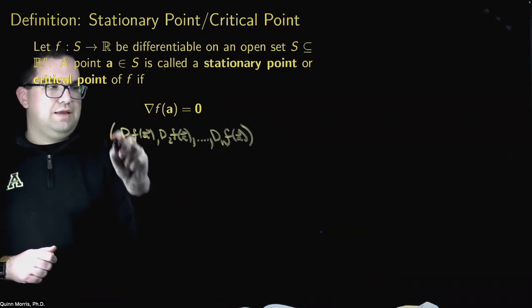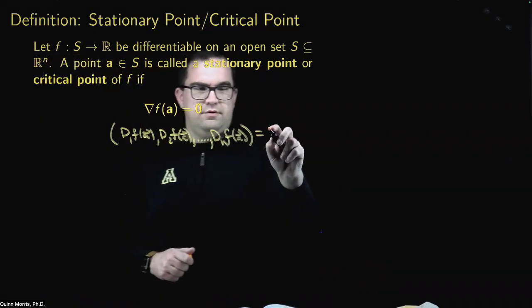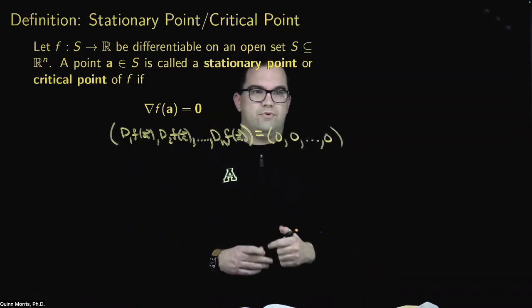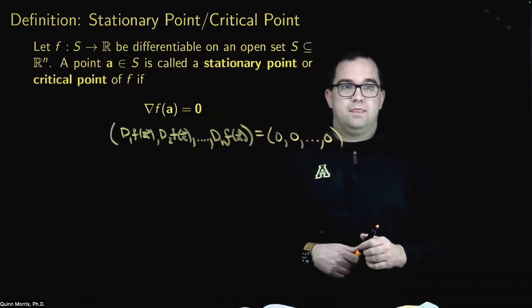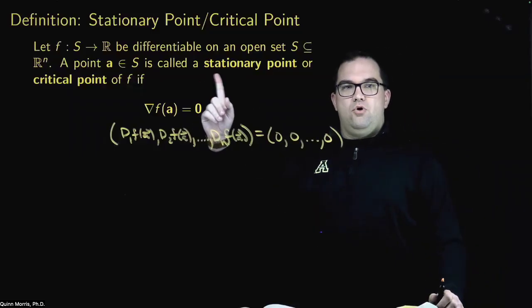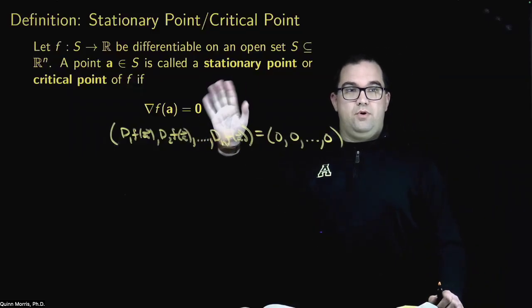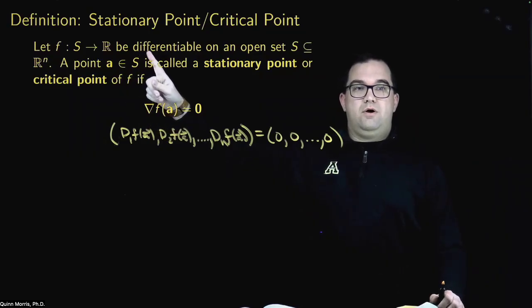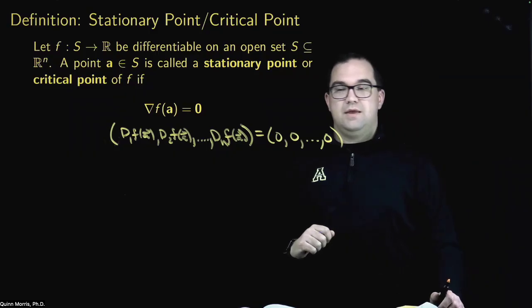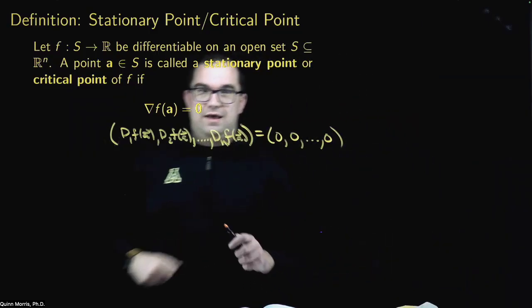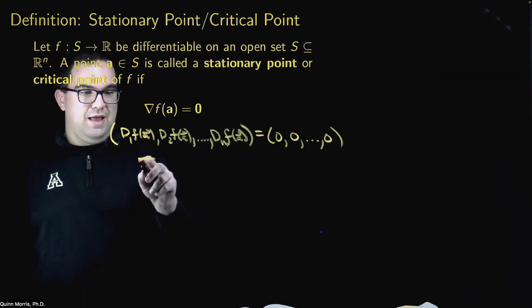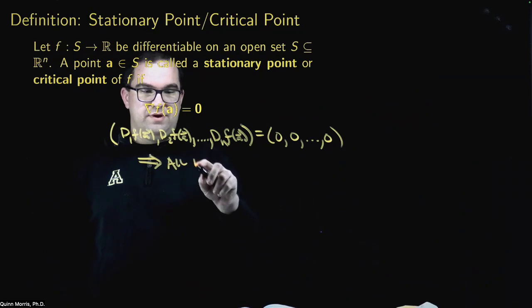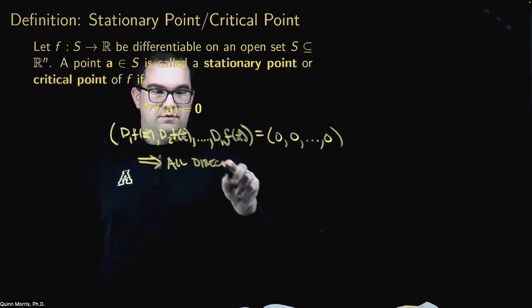So really, the first thing we notice is that we're saying that all of the partial derivatives are equal to 0. But you'll notice also that we only define a stationary point or critical point at a point a where our function f is differentiable. Since f is differentiable at a, this also implies that all directional derivatives are zero.